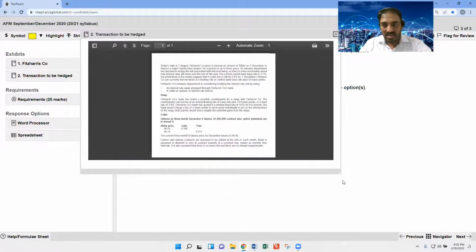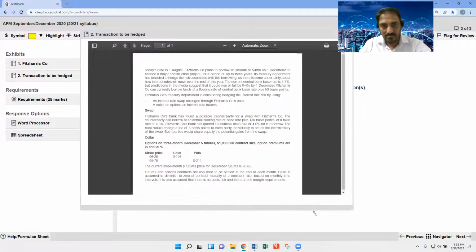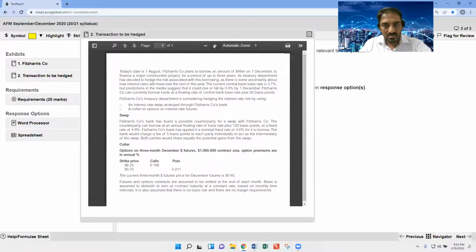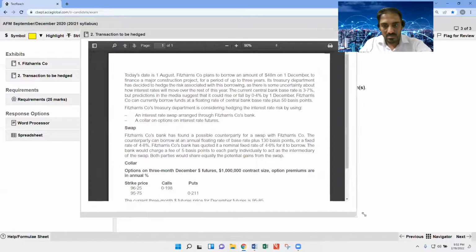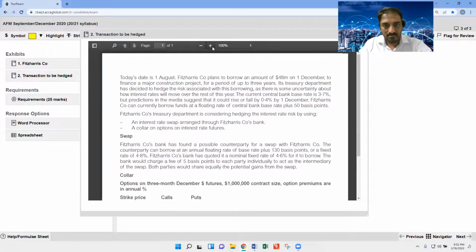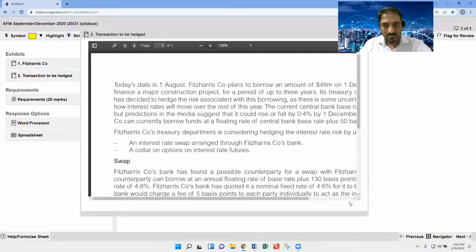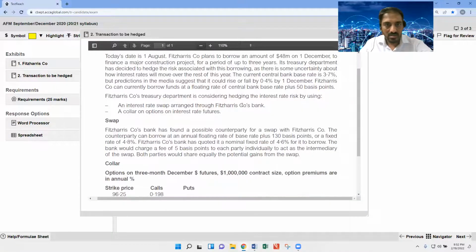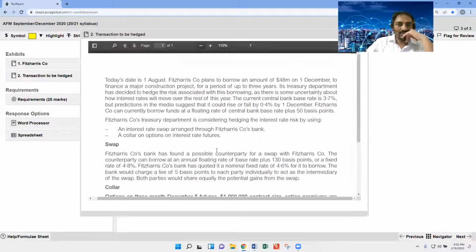Now, transactions to be hedged. Today is 1st August. So the current date is 1st August, that's very much important. Fitz Harris Company plans to borrow 48 million on 1st December.